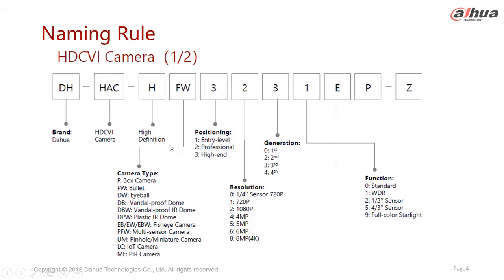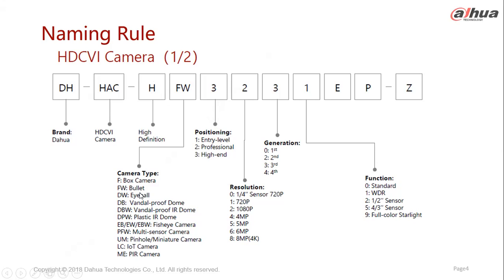The naming rule for analog cameras is quite different compared to IP. Starting from this part here, if you see HDC, it means the camera is an analog camera. If you see IPC, it's an IP camera. The H here means high definition.